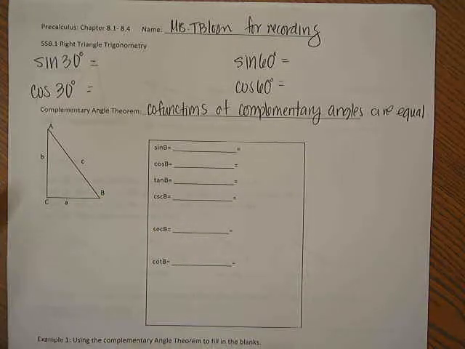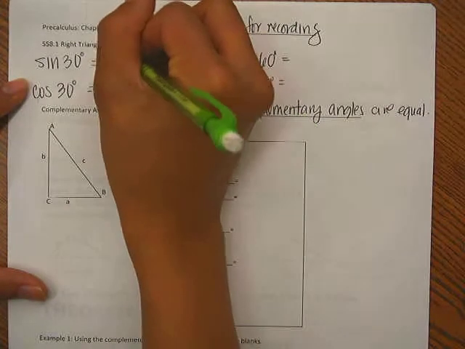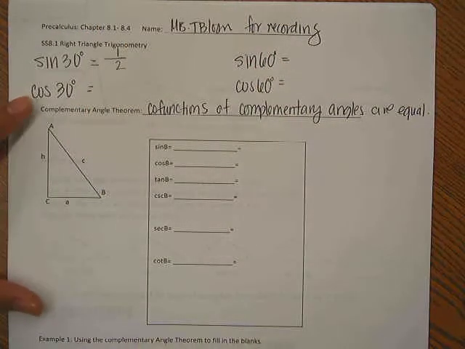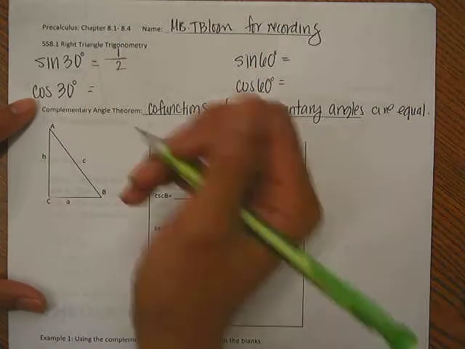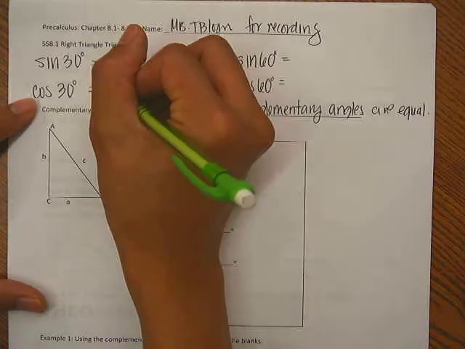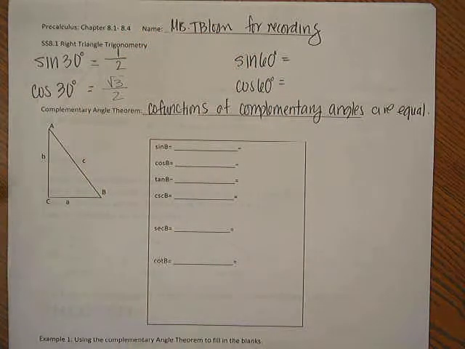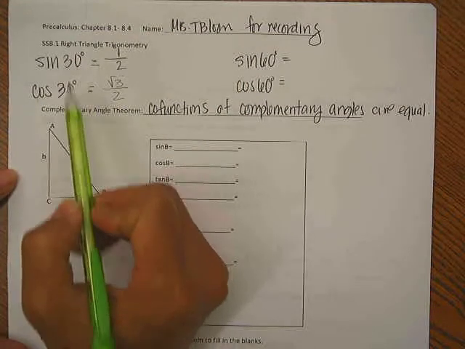If we are looking at sine of 30, hopefully you wrote down 1/2. Cosine of 30 degrees, hopefully you wrote down rad 3 over 2. Now let's look at these two angles.